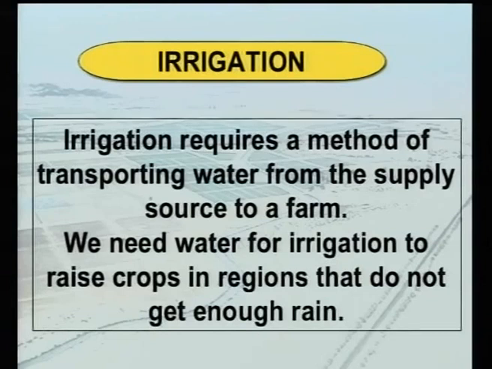So irrigation is a method of transporting water from a supply source to a farm or place where there is not enough water.